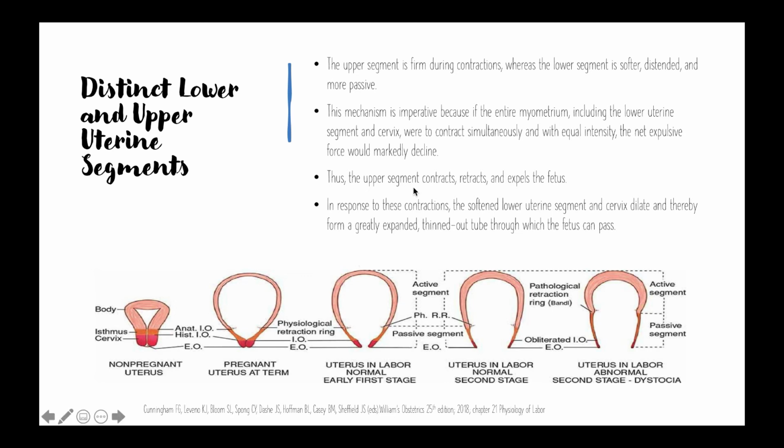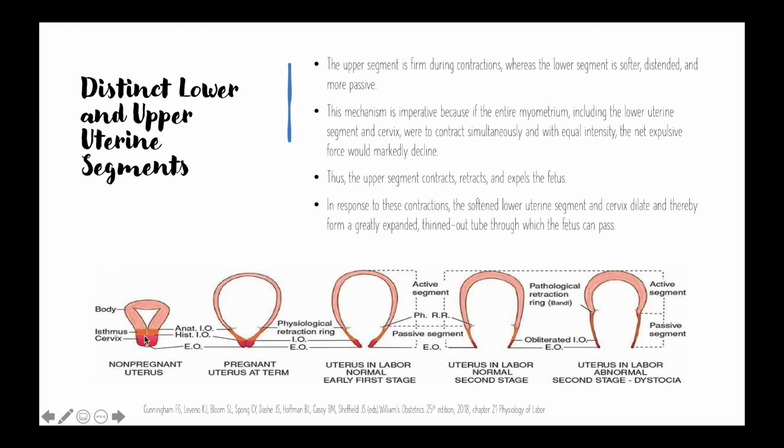Now, the upper segment contracts and retracts and expels the fetus. In response to these contractions, the lower uterine segment and the cervix dilate and thereby form a greatly expanded, thinned out tube through which the fetus can pass.